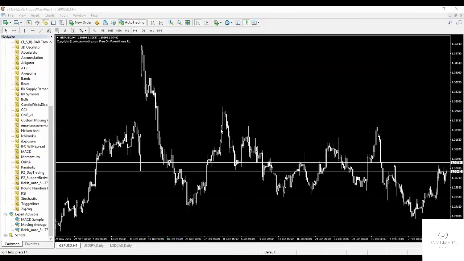So if we go to, sorry, can't see your screen. You can't see my screen? Yeah, it's showing the GBPUSD chart. It's not on the seasonal anymore?